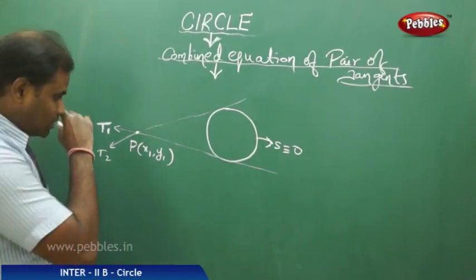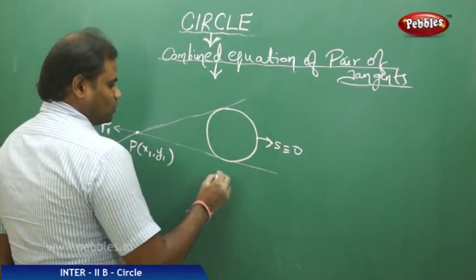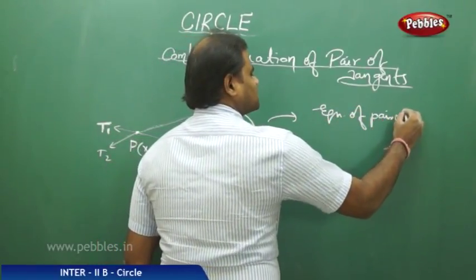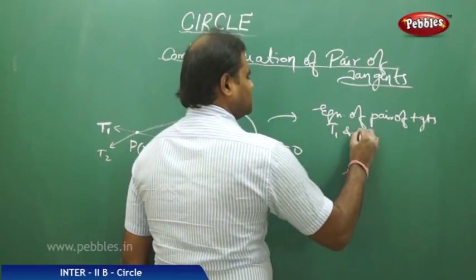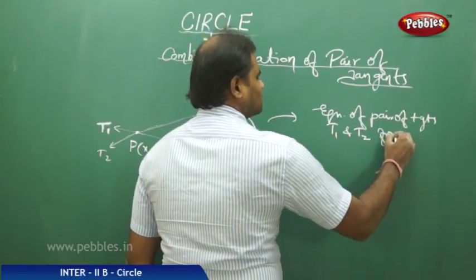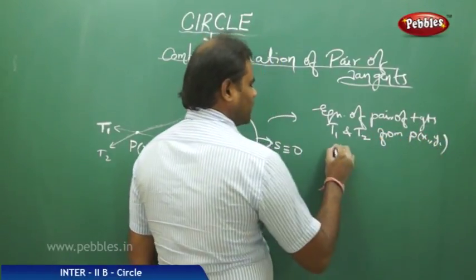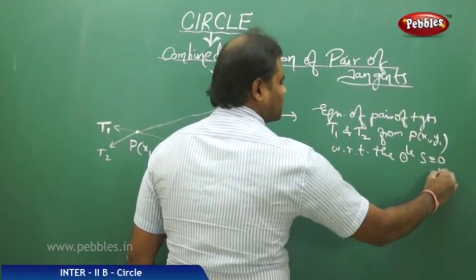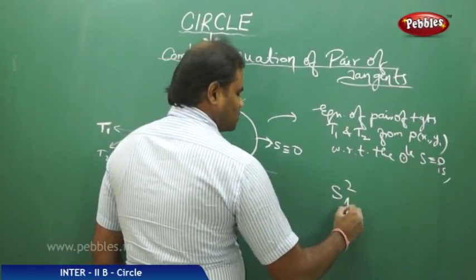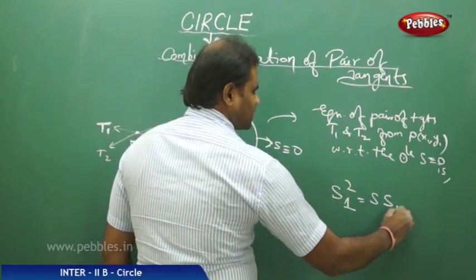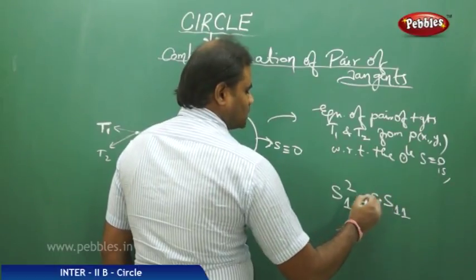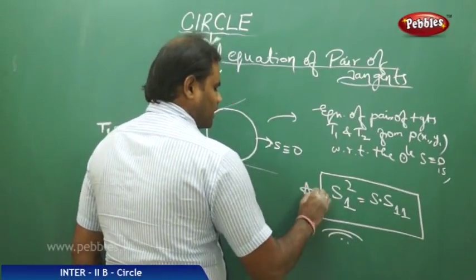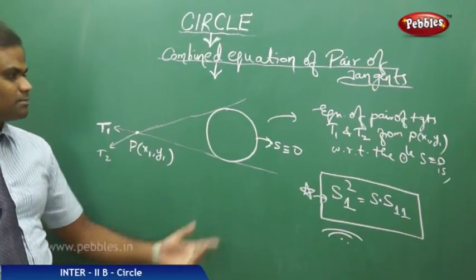So the equation of this pair of tangents T1 and T2 from P(x1, y1) with respect to the circle S equal to 0 is given by the formula S1 squared equals S times S11.